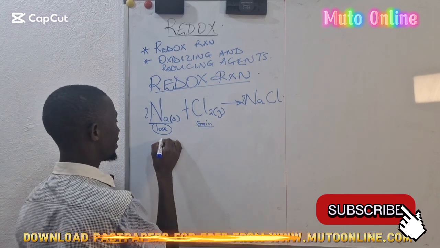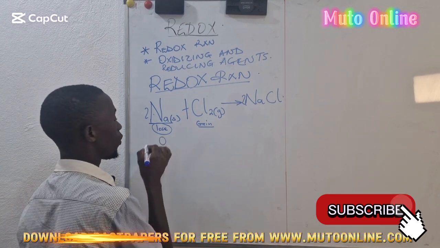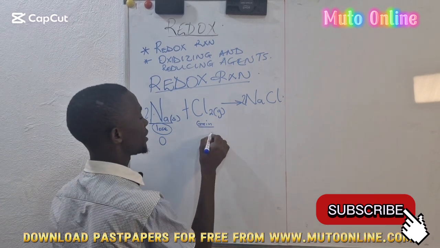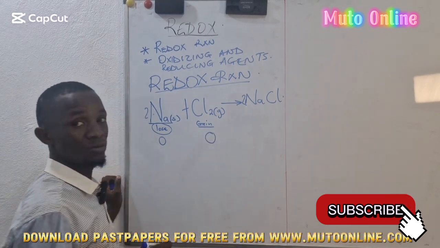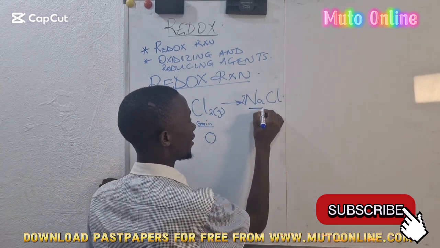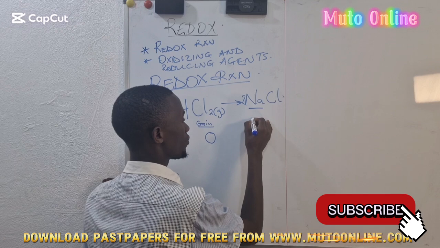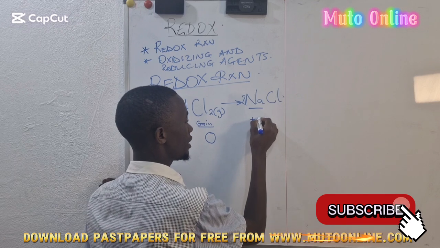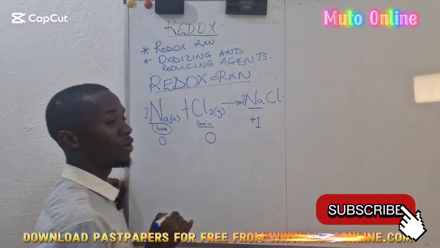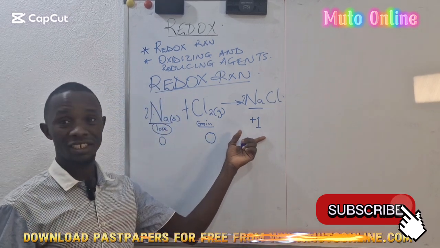Here, sodium has an oxidation state of 0. And the chlorine also has an oxidation state of 0. When we calculate the oxidation state, we shall find that the sodium in this compound formed has an oxidation state of +1. We are seeing the oxidation state of sodium is increasing.